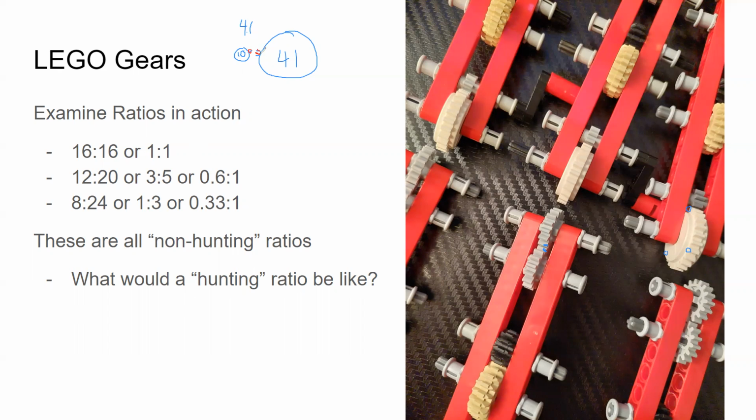It's going around and it'll hit one over here, and then one over here, and then one over here, and one over here, and one over here, and one over here. And because this isn't a whole number, it won't hit these teeth again. It'll hit some teeth next to it, and it'll keep going around and distribute that wear out across the whole thing.